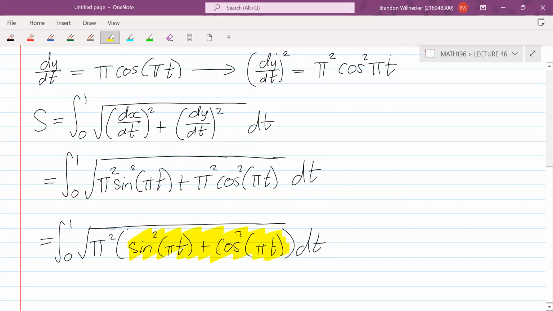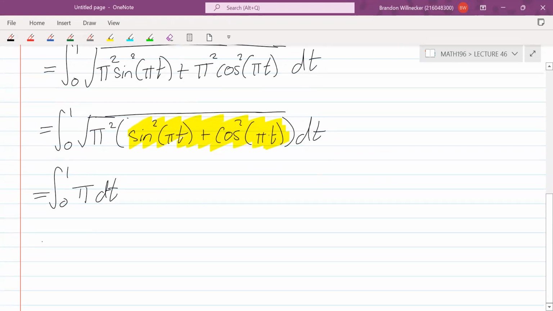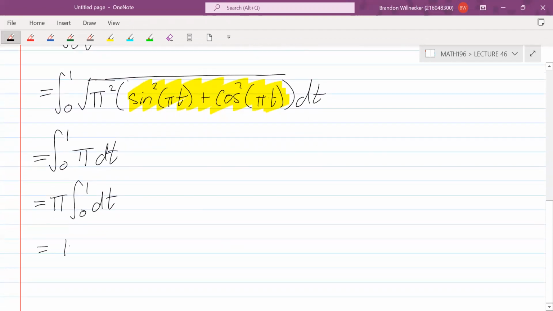So all of that will give us 1. So this will be the integral from 0 to 1 of the square root of pi squared, that's just going to be pi, dt. Now we can take the pi outside. We're going to get pi times the integral from 0 to 1 of dt, but that's just going to be 1. So we end up with just pi.